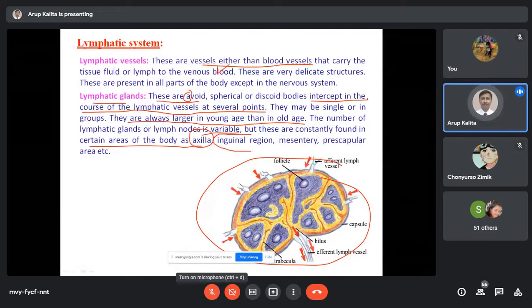Inguinal region, you will definitely get lymph nodes. Mesentery, you will get lymph nodes. Prescapular area, meaning cranial to the scapula, definitely you will get lymph nodes. So these are some areas where you will definitely get the lymph node.